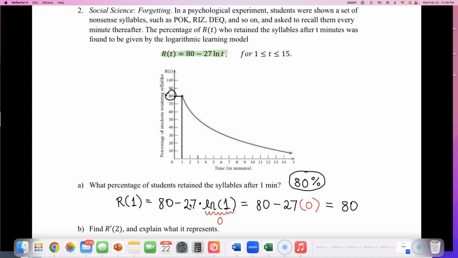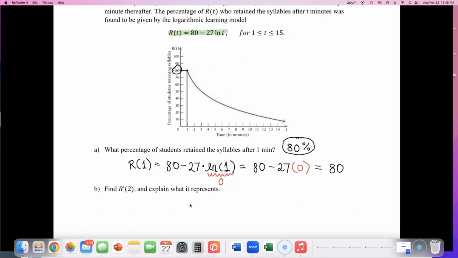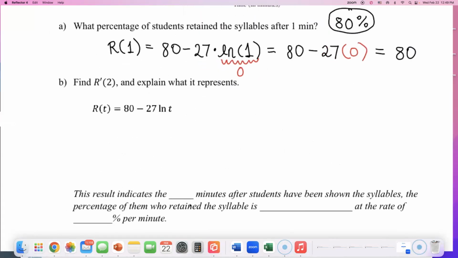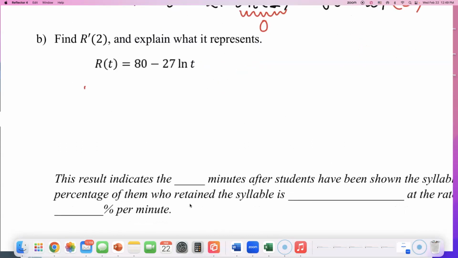Now they want us to find R prime of t, and that's how this percentage is changing. In order to do that, we need to first find that derivative function. So let me copy this down and find the derivative of this R function. If you find R prime of t, what is the derivative of 80? That's just 0.